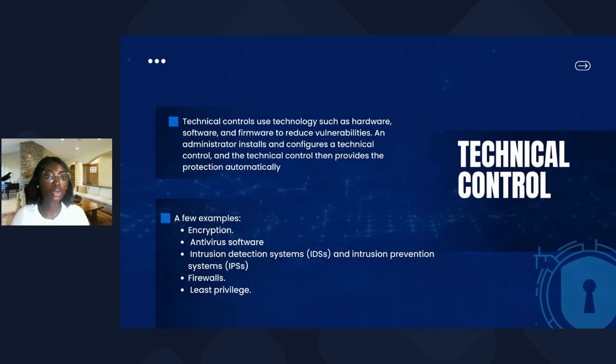It can be hardware, it can be software, it can be firmware, right? And you're trying to put all these in place to ensure that you reduce the vulnerabilities or the attacks that your organization might face, right? And you have your administrators, they are the ones to help install and configure this technical control, this technology that your organization might have acquired, and they're trying to automate your protection, right?